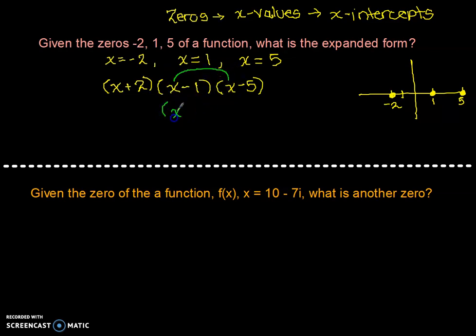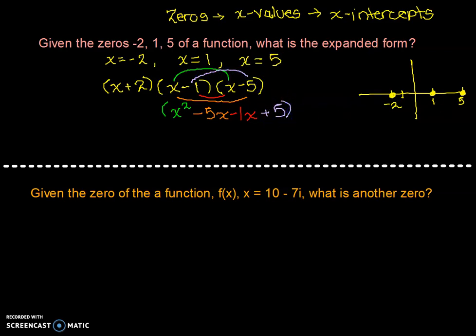x times x would give me x squared. Outer, x times -5 would be -5x. Inner, x times -1 is -1x. And last would be -1 times -5, so that's +5.